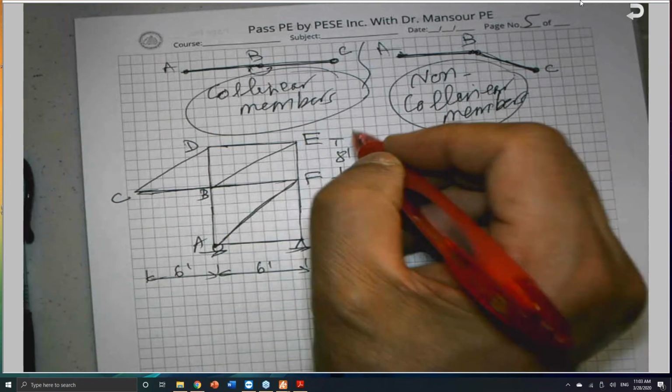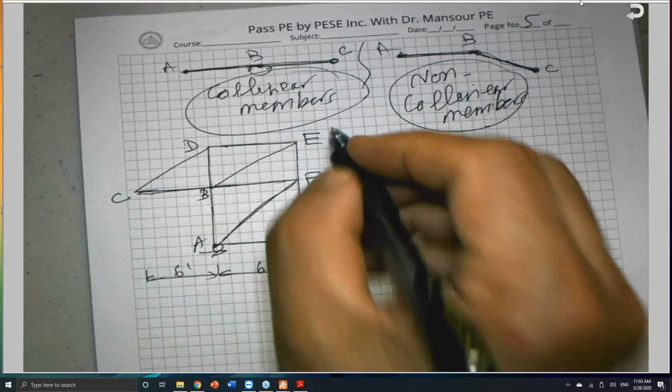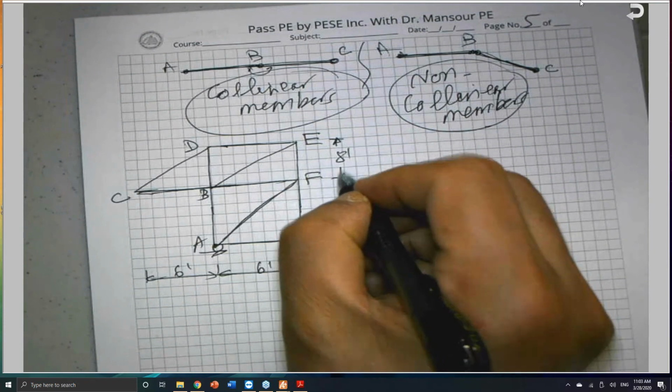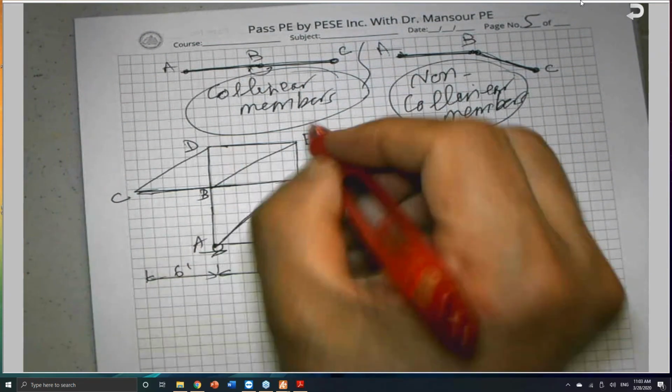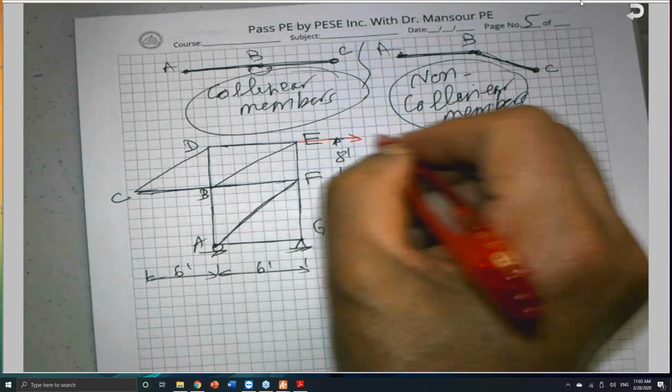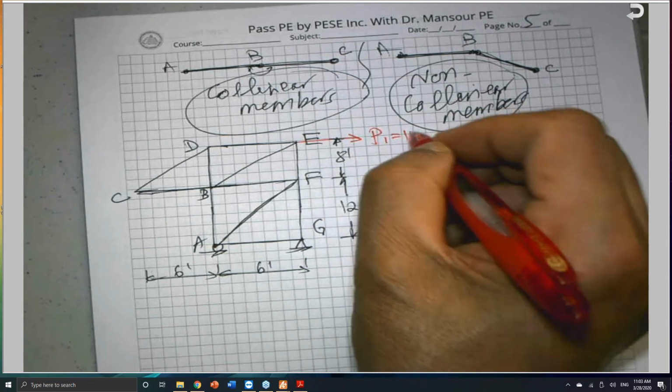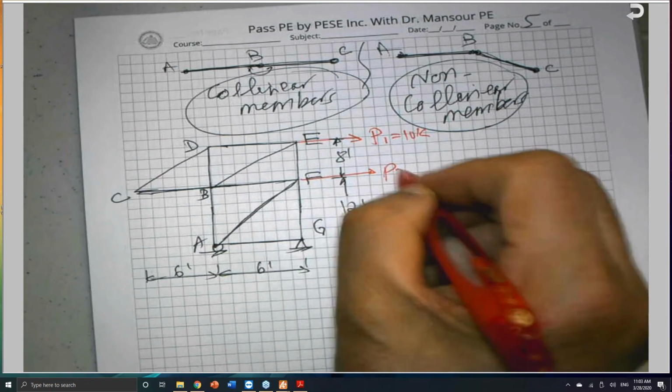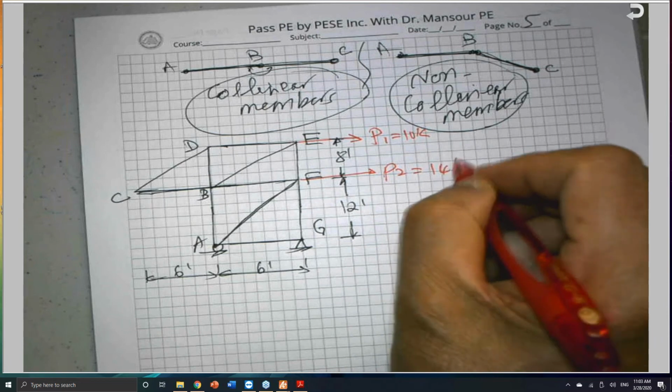I'm going to put a series of loads here. B1 is equal to 10 kips. B2 is equal to 14 kips.